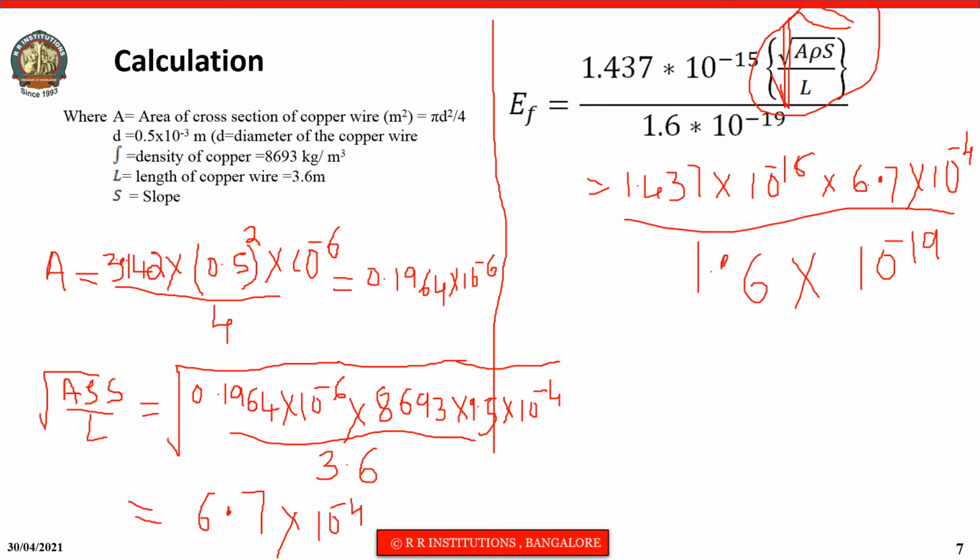Here minus 15 minus 4 is minus 19. That gets cancelled with the denominator.